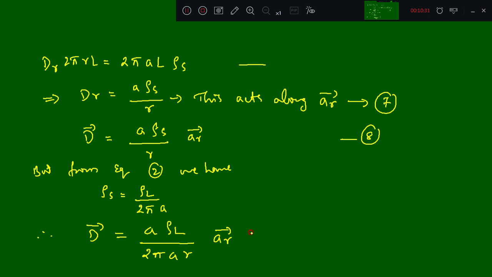This is equal to rho L upon 2 pi r in the a r direction. The unit is coulombs per meter square. This is the D value.